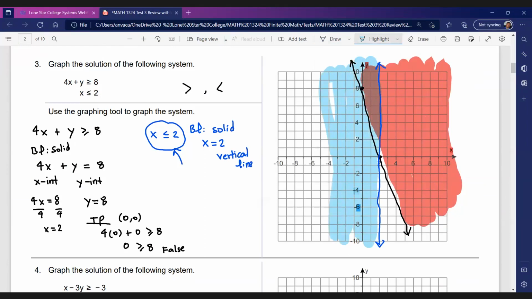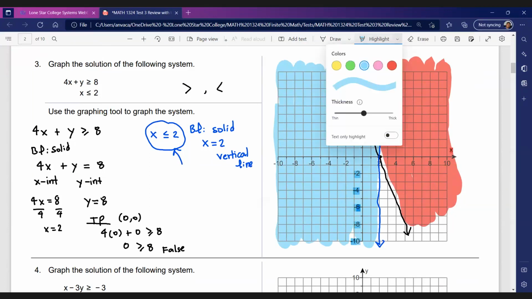But as I do this, did you notice that there was an area where both solution sets intersected? If you did, kudos to you, because that is the solution set for this particular example. The solution set for this system of linear inequalities is the intersection of the solution sets.